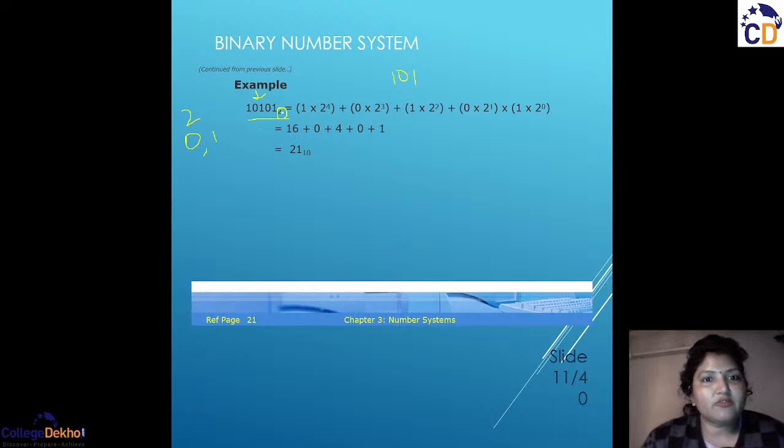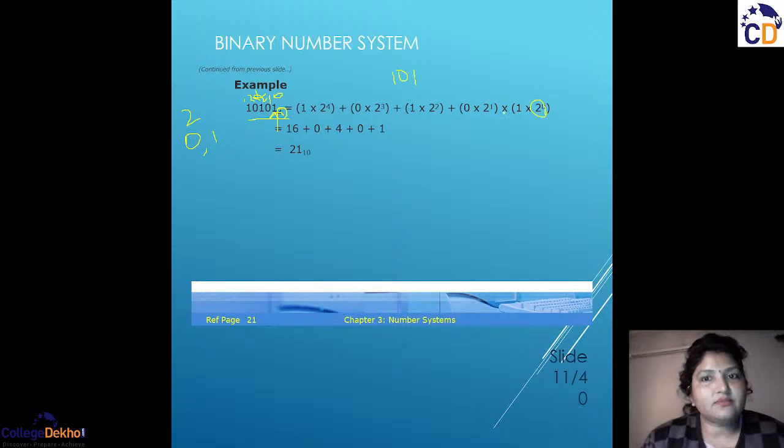Starting with the first digit, again from here, our position would be 0. The same method: 1, then 2, then 3, and then 4. This is how it is calculated. You take the base, that is 2, 2 to the power 0 into 1.